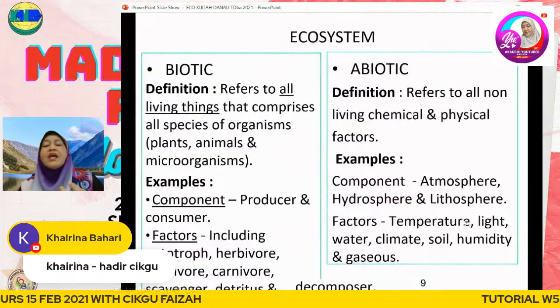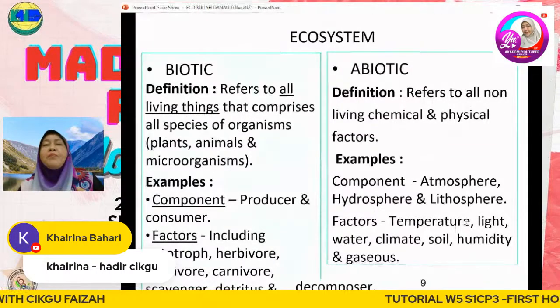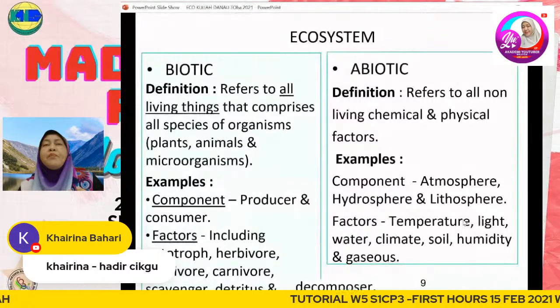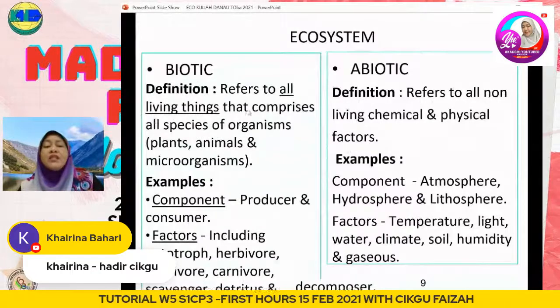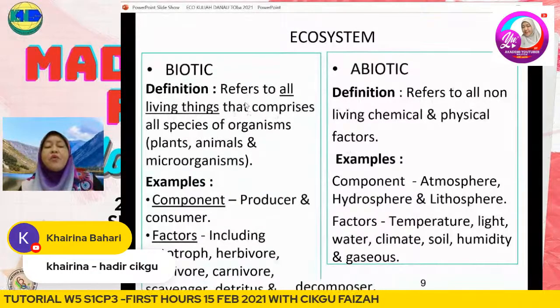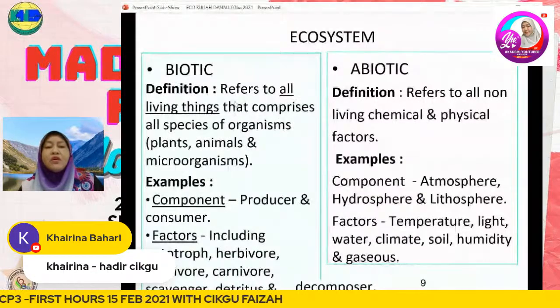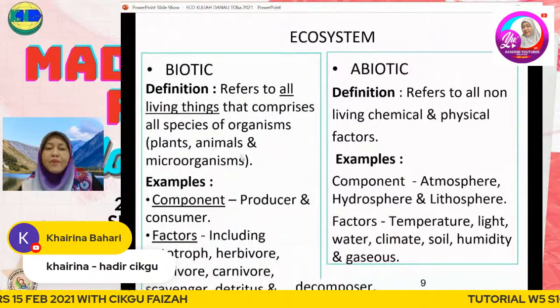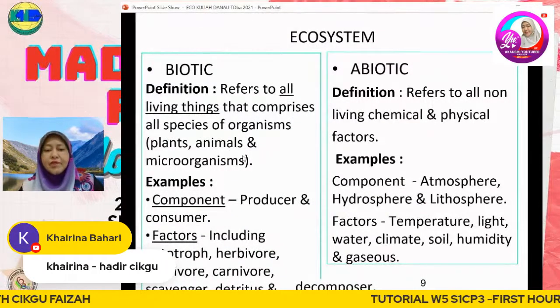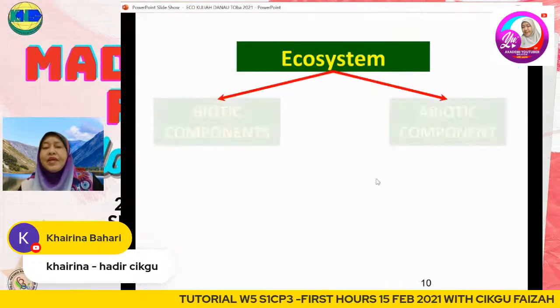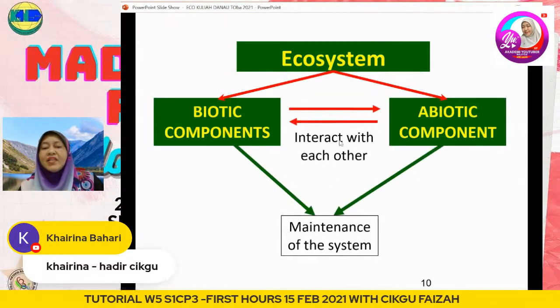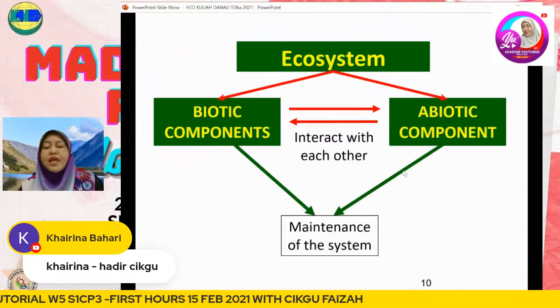Why do you think the tree can produce different colors of flowers? Look here: biotic, the tree is biotic, all living things. The plants, the animals, the microorganisms. And the abiotic, they will interact with each other, the biotic and abiotic components, and they maintain.